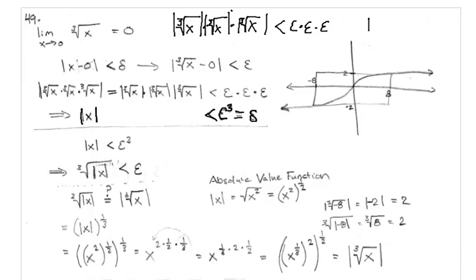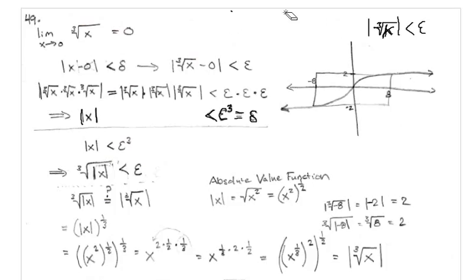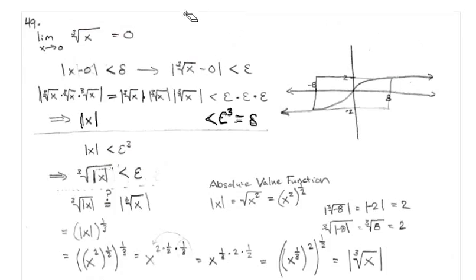And that would be provided that the absolute value of the cube root of x was indeed less than epsilon. But we don't actually know that. This was a hint, right? This was us working out what we think that delta value should be.